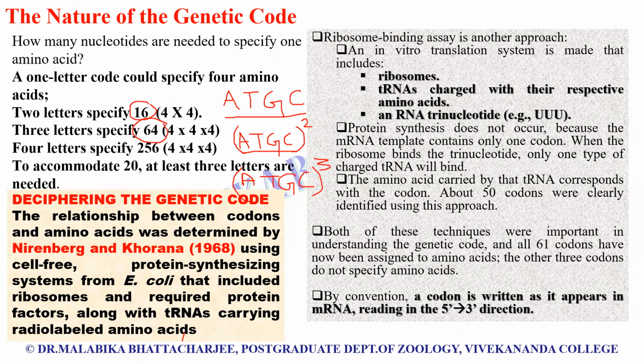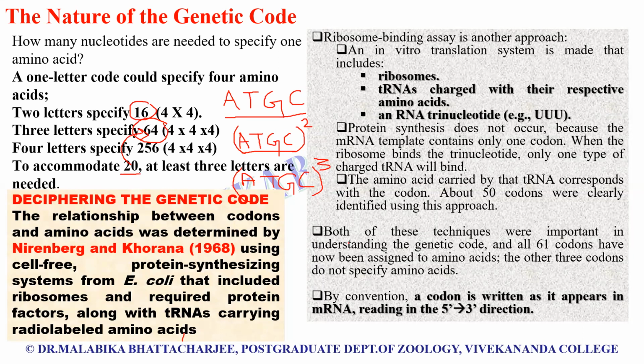In nature there are 20 amino acids and we have 64 combinations, so these 20 amino acids can be accommodated in these 64 combinations. So it was assumed that a combination of any three bases codes for one amino acid.